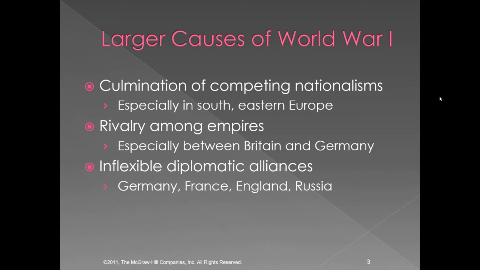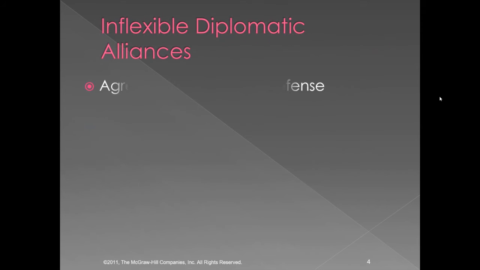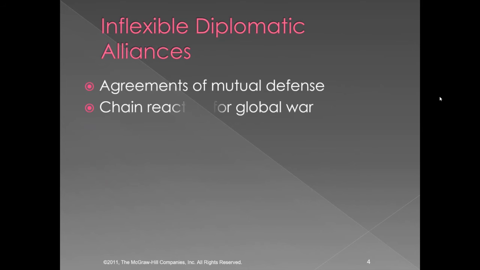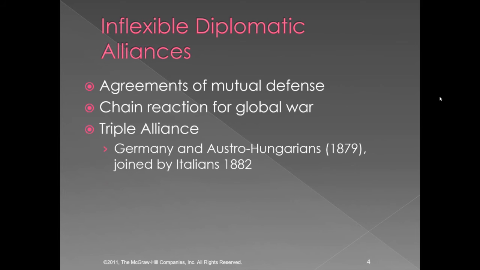Because you are friends with them, you jump in and help your friend out. But that's what happens in World War I. And it leads to catastrophic death, right? So these are agreements of mutual defense, and it begins a chain reaction for global war.